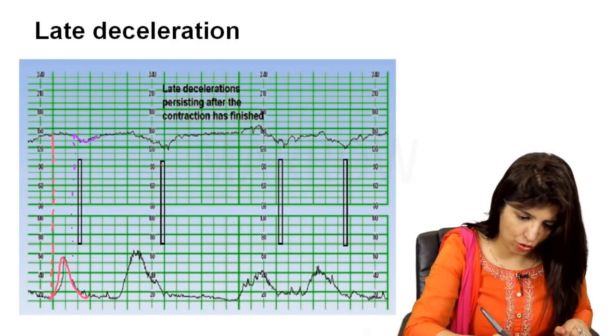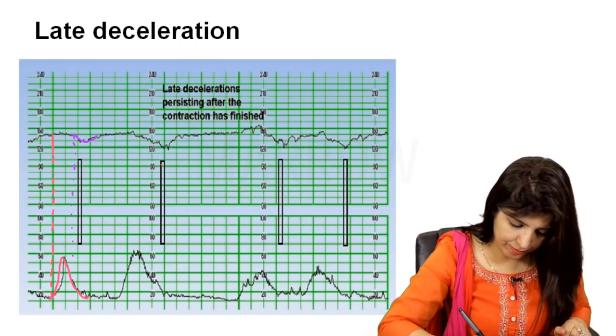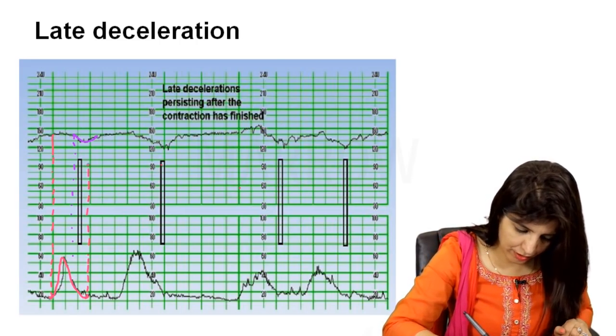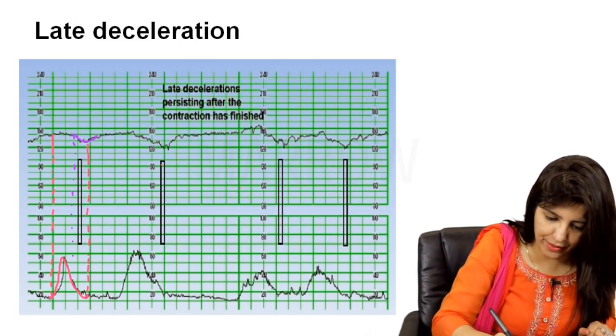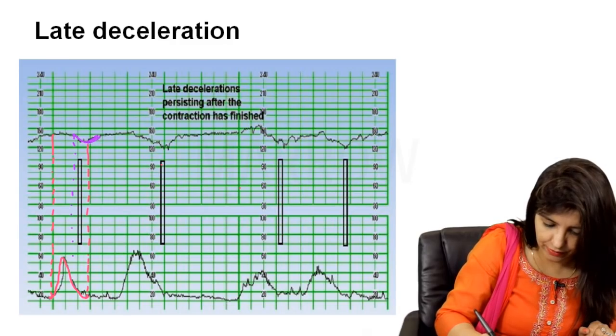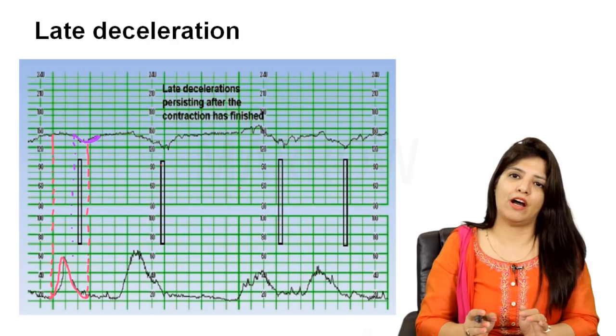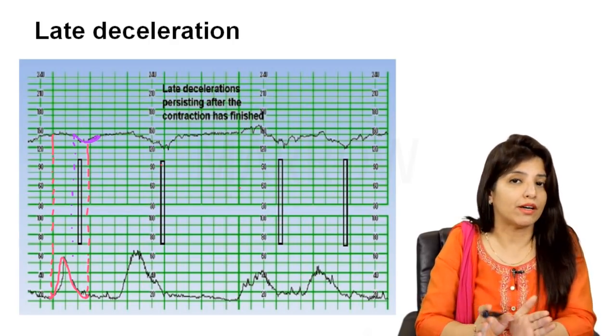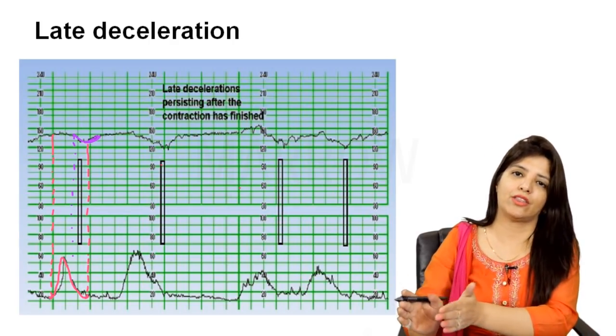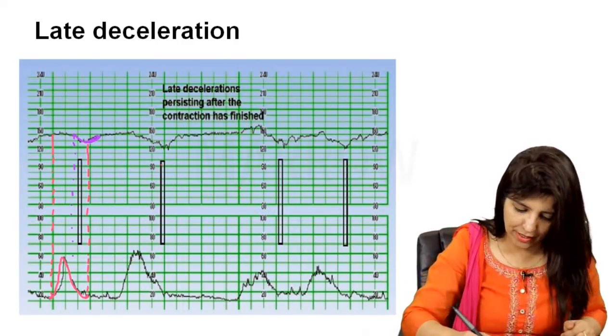And the contraction is ending here. But do you see that the dip is still continuing? So that means the dip in fetal heart rate is beginning later and it is ending later than the uterine contraction.